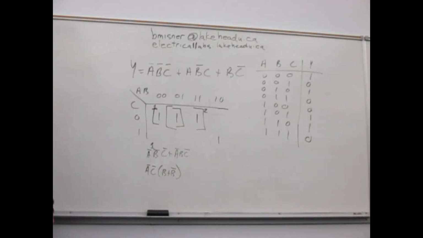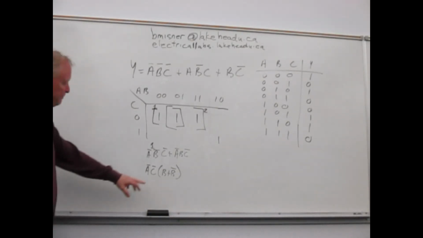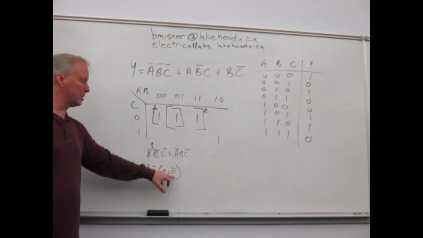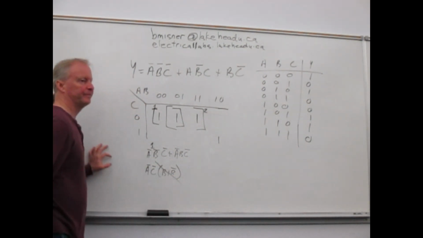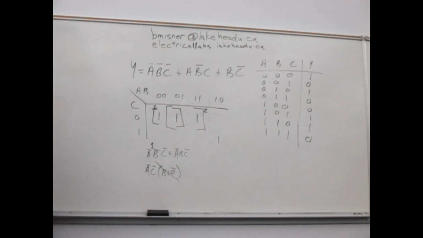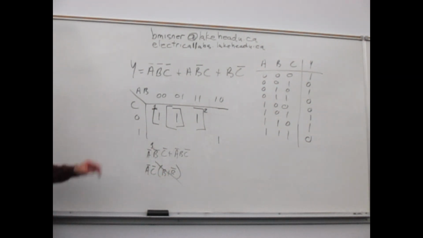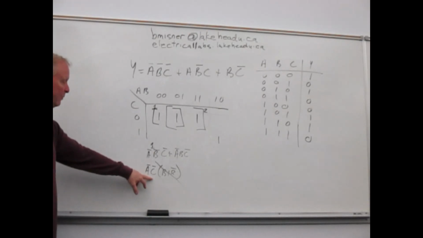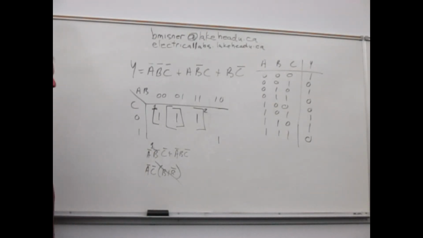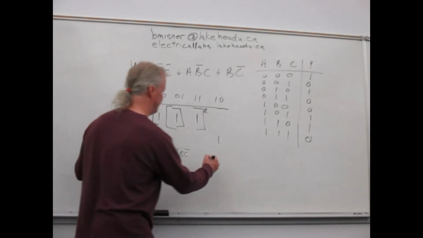And B or with B bar cancels out, because that's always a 1. And then the 1 just disappears. So you're left with A bar, C bar.